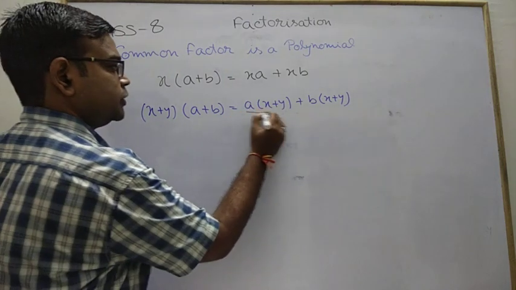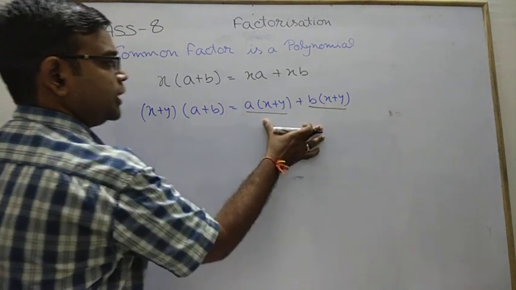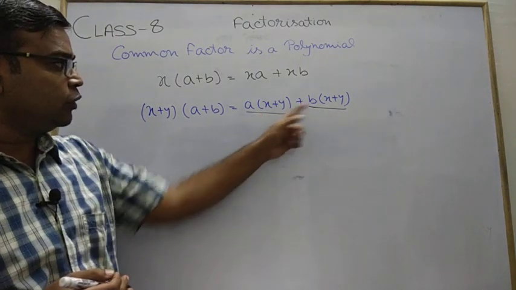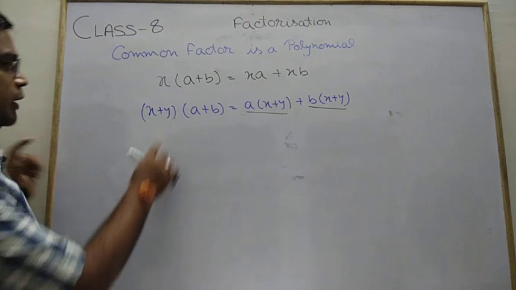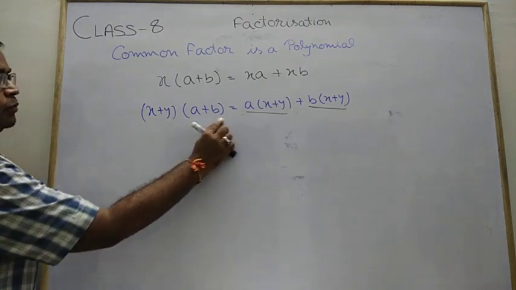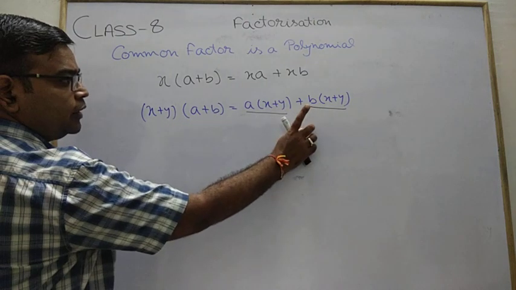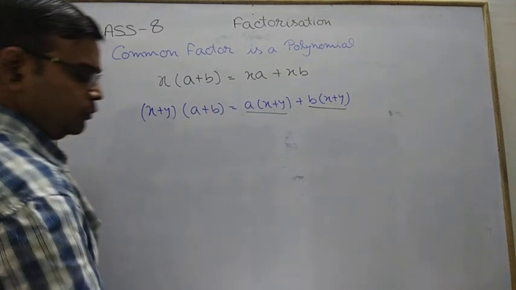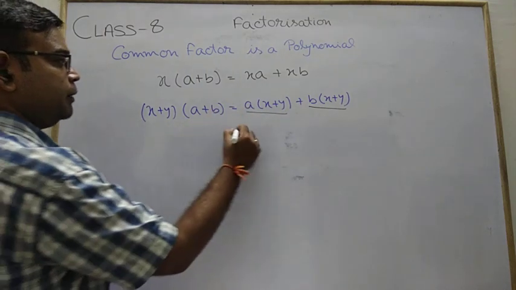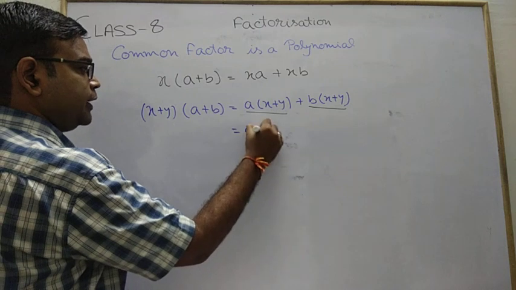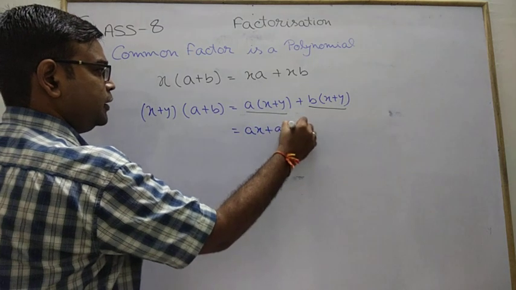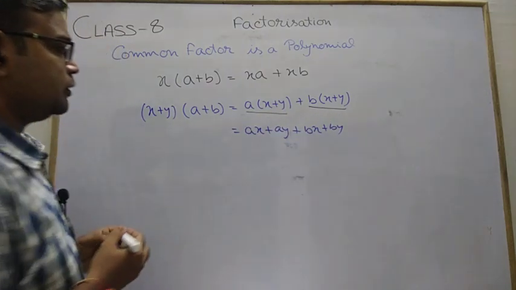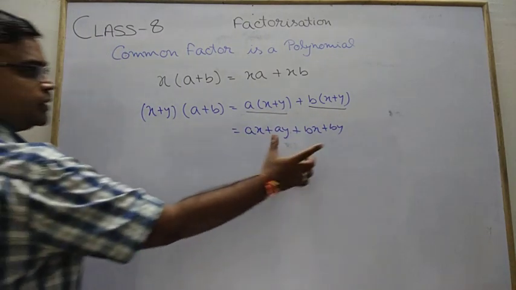This is your first term, and this is your second term of this expression. If we take x plus y common, then what will happen? Here we have a plus b, so we express this into this. Furthermore, if we multiply it out, we have ax plus ay plus bx plus by. Clear?